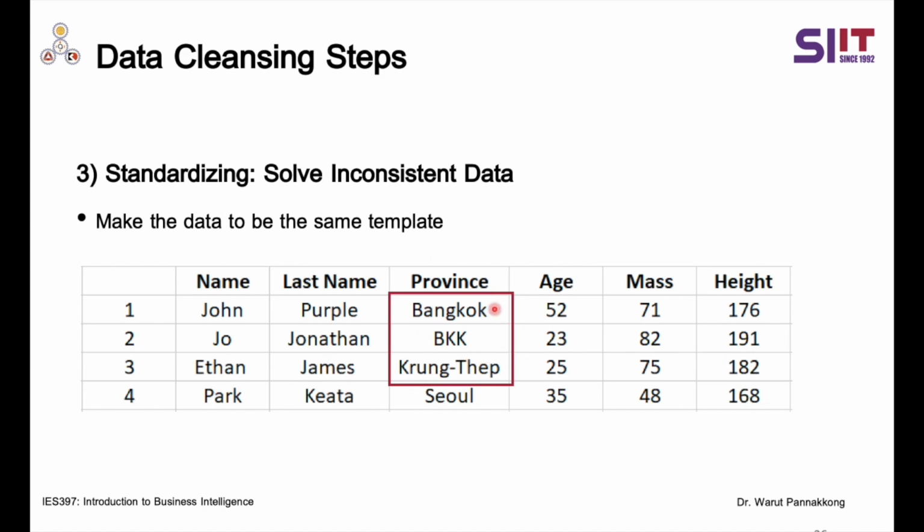So this is something that we also need to clean. Inconsistent data is recorded with different names. This is probably coming from different sets of records. The same thing is recorded with different names.